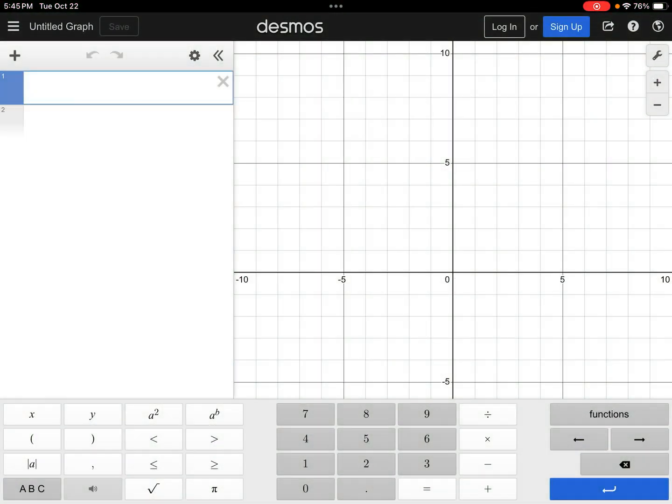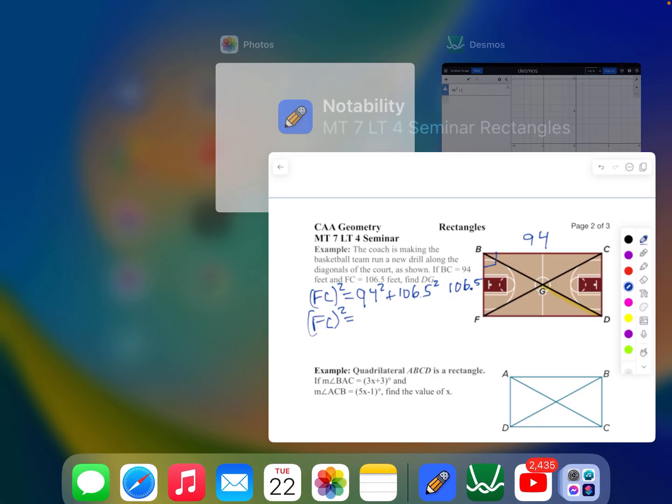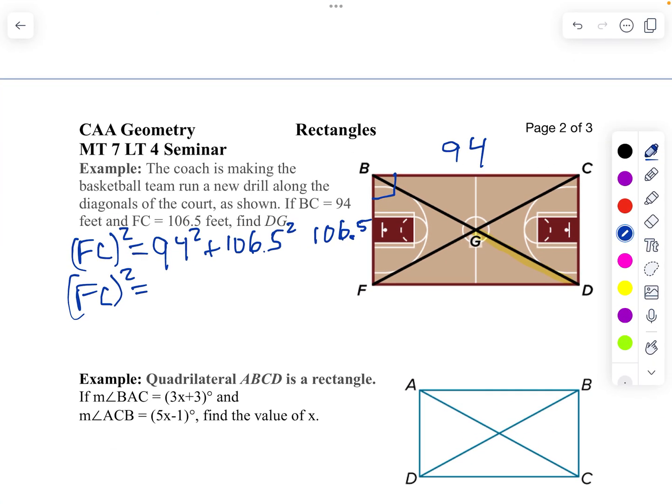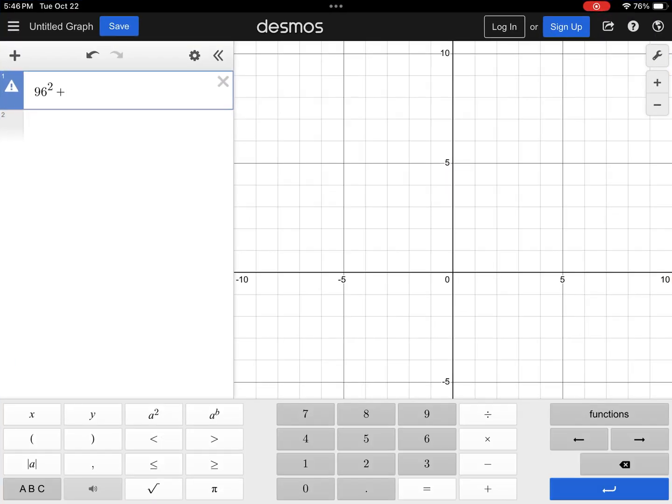Probably don't need a graphing calculator to do this, but we're going to go 94 squared plus 106.5 squared.